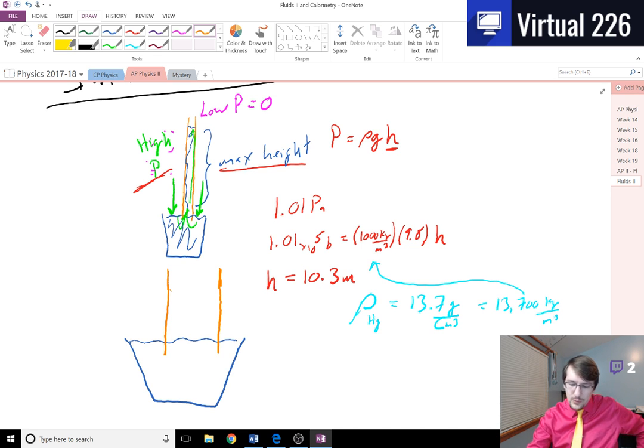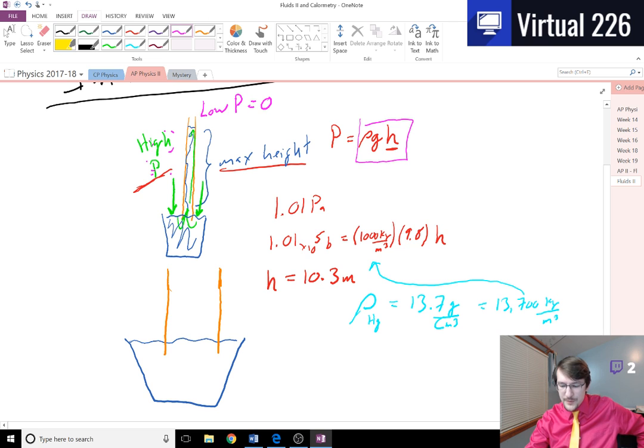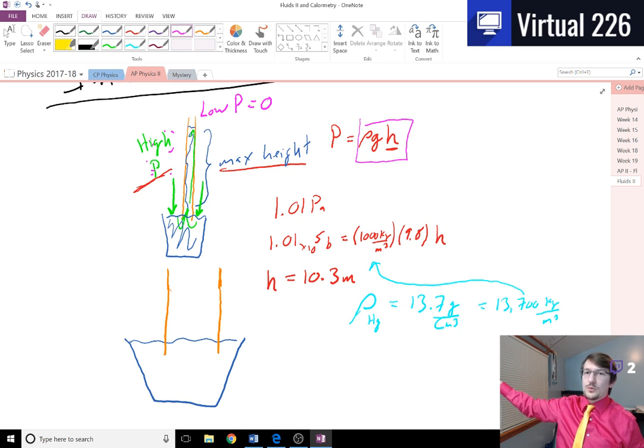The easy kind of quick way to think about this is that whenever we look at a column of water's pressure, this doesn't have cross-sectional area in it anywhere. It doesn't matter. When you go to the bottom of the ocean, it does not matter that there's a mile of water east of you and a mile of water west.